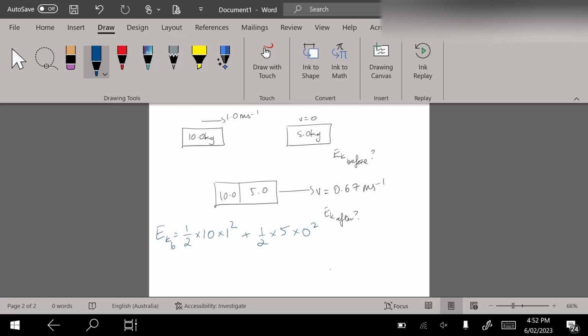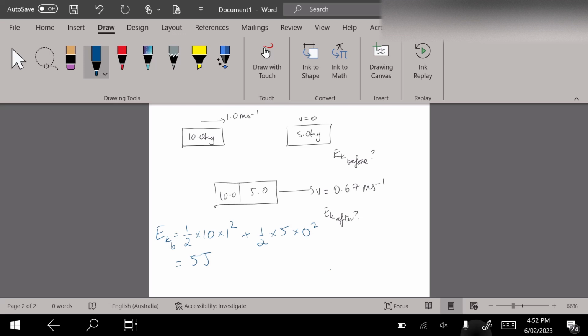You don't have to take direction into account here. Velocity is a scalar. It doesn't matter if this was moving left or right. You wouldn't put a negative here. Even if you did, it would be -1 squared, so the negativeness gets erased. So this is a scalar quantity. When you actually calculate this, you'll find you have 5 joules of kinetic energy.